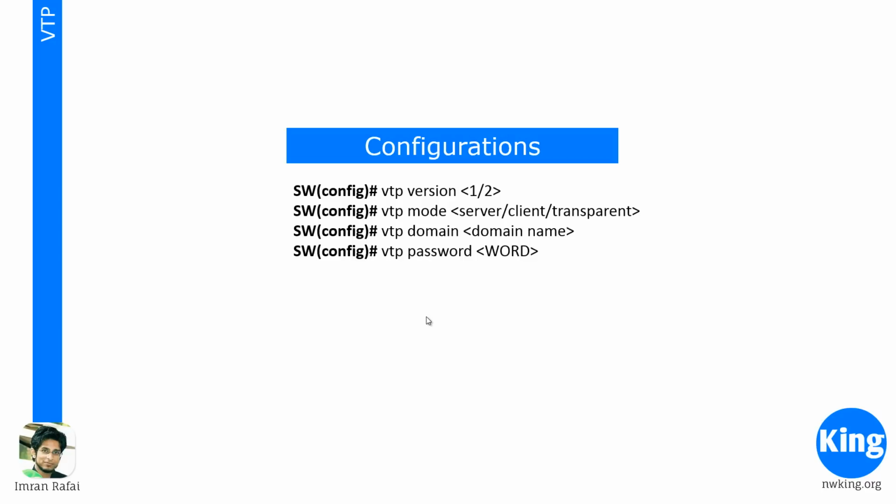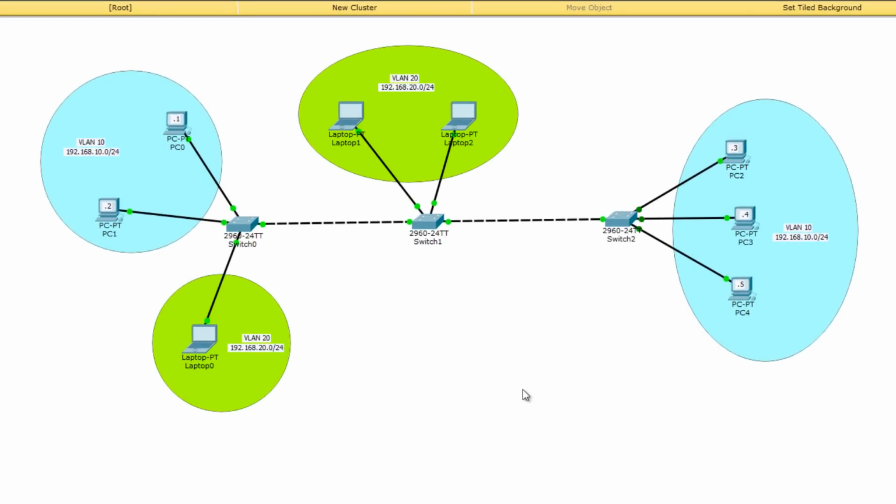So let's look at what VTP configurations we can look at. Like always, let's get into Packet Tracer. This is Packet Tracer, and we continue from where we left in our last video. Just to revise, we configured VLAN 10 here and VLAN 10 here. We configured VLAN 20 here and VLAN 20 here. So this is switch 0, switch 1, and switch 2.